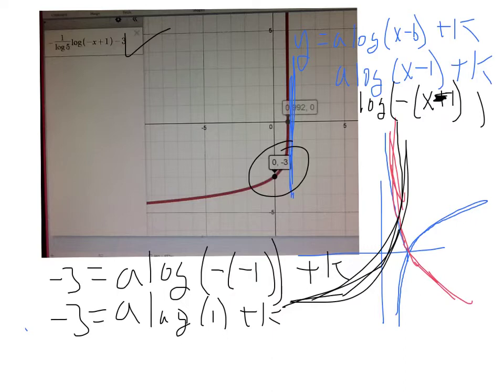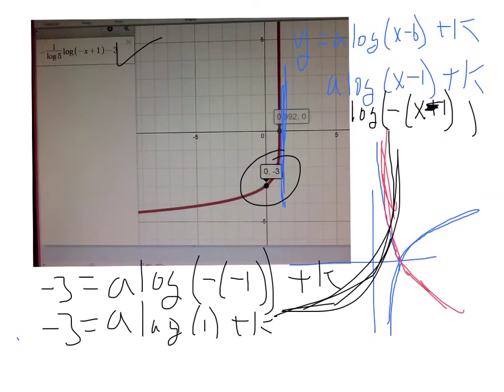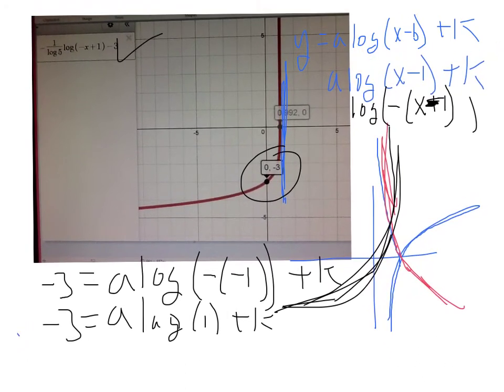And now I've got to find a. Now I need another point, and on the original graph I'm seeing it's going through negative 4, negative 4.